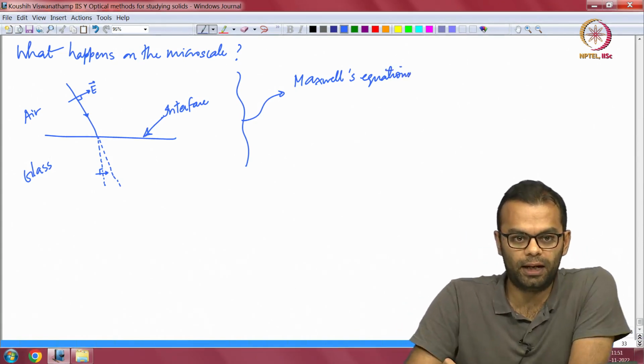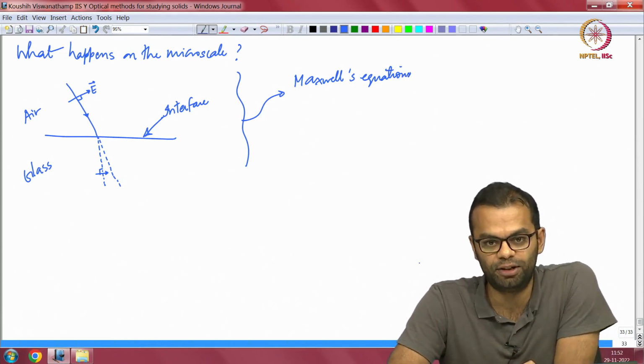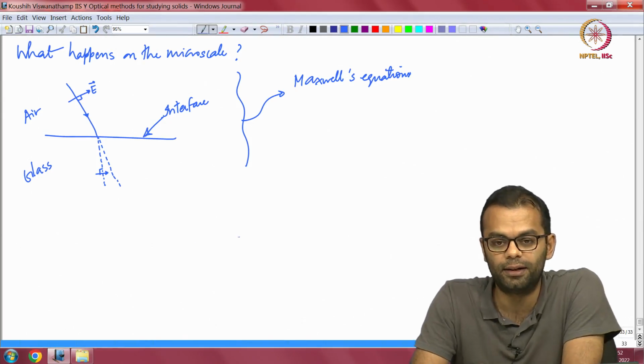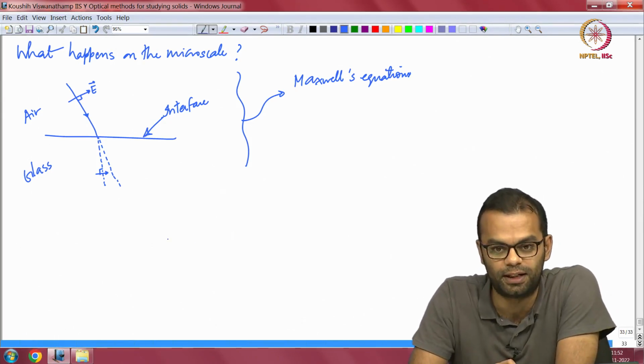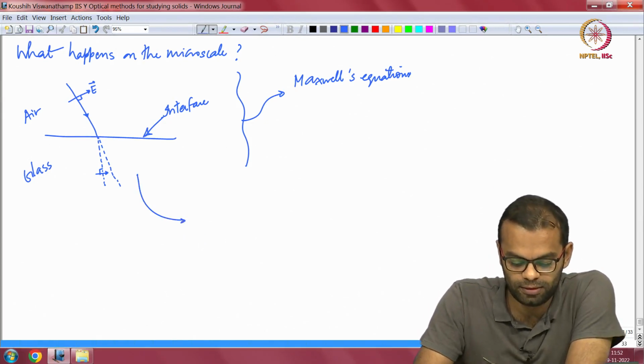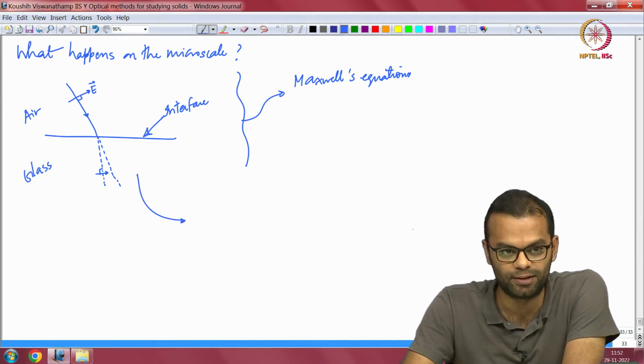And in order to explain why this bending occurs, you need to look at Maxwell's equations. We will do that in a second. Before that, I just mention one common explanation that is used. It is certainly an explanation I have seen before, but it is not correct. And just to sort of myth bust, we will look at that explanation which is commonly given.